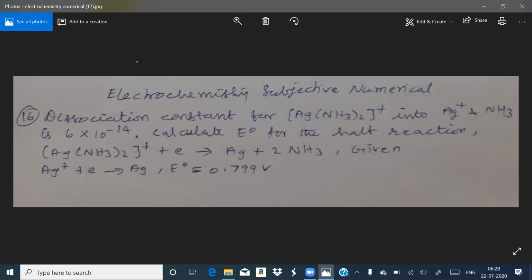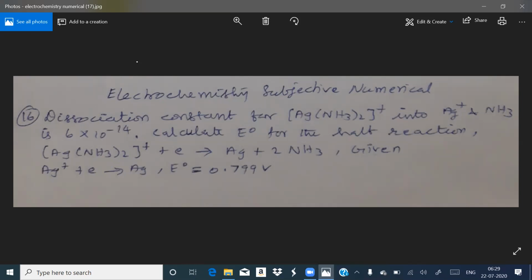So here in this case the concentration of Ag plus will be different because electrolyte is different. Here electrolyte is soluble salt silver nitrate. Here electrolyte is complex. So the concentration of Ag plus will vary.